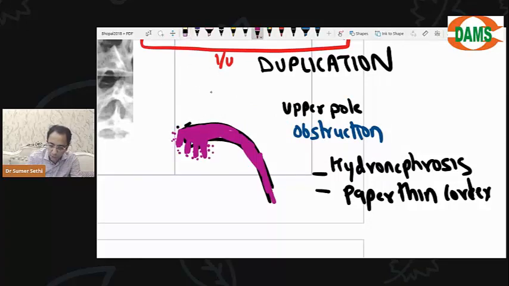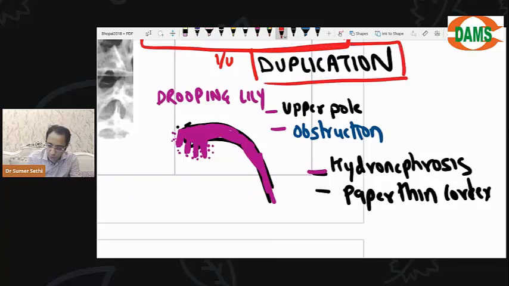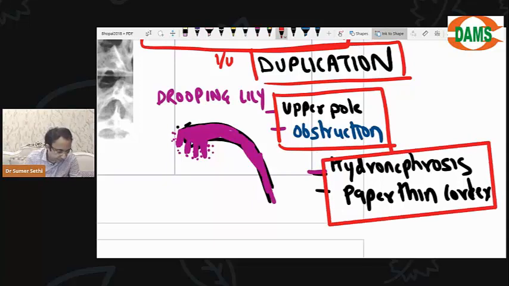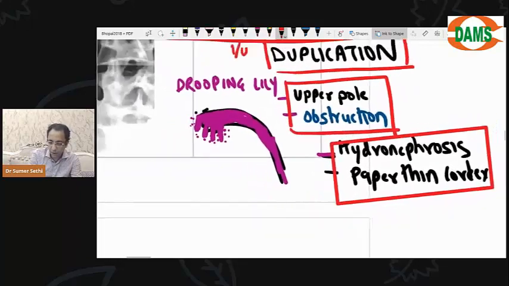It is not taking up the dye. This is called drooping lily. Drooping lily sign is seen in duplication because in duplication the upper pole tends to develop obstruction. It becomes hydronephrotic and the cortex becomes paper thin. Everybody understands the rationale and the logic behind it?